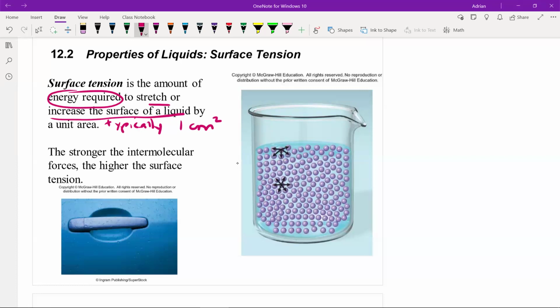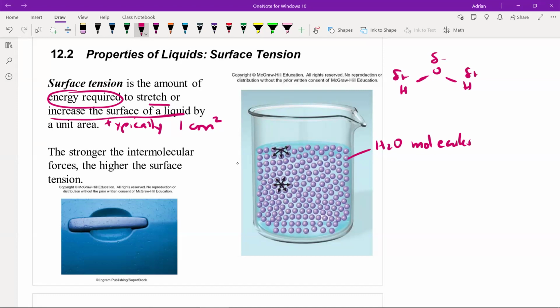So if you have a beaker here, these are water molecules. And if you remember, H2O, our molecular shape, it is bent, and H2O has a net dipole. The oxygen is slightly negative compared to the H's.